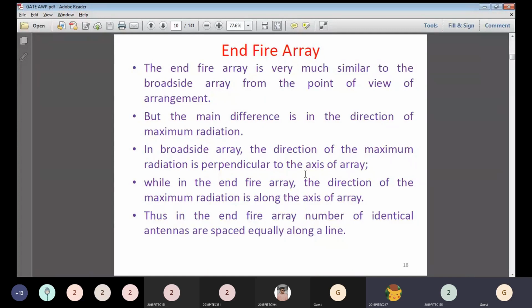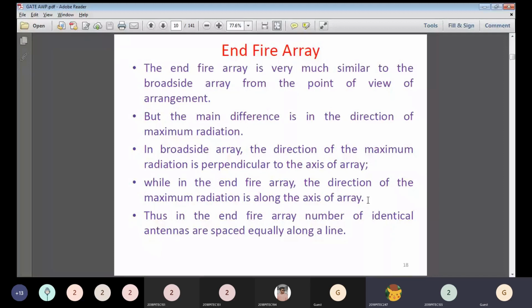In broadside array, the direction of maximum radiation is perpendicular to the axis of the array. Correct? In broadside array, the direction of the maximum radiation is perpendicular to the axis of array. While in the end-fire array, the direction of the maximum radiation is along the axis of the array. Keep this in mind: along the axis of array.